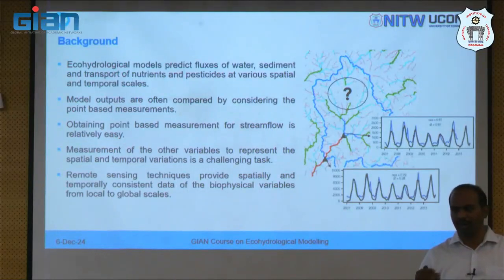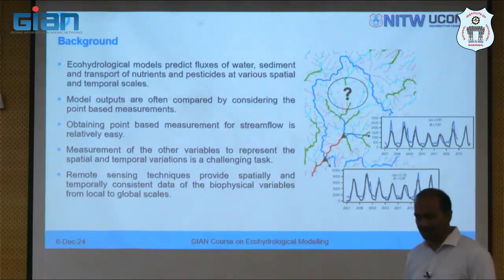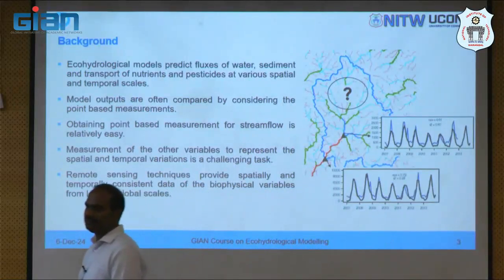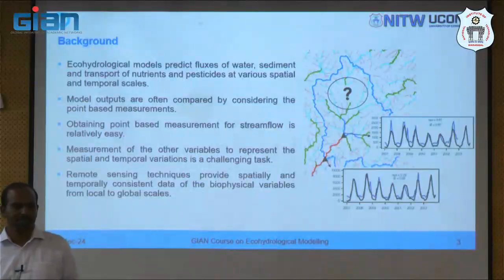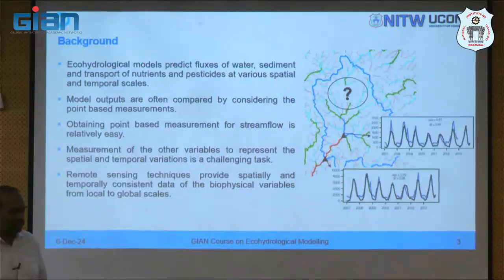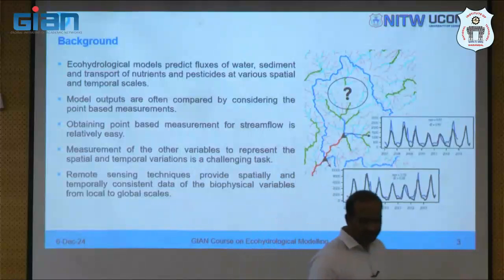When you compare a model with a point measurement, obviously which has a spatial representation, what is the hypothesis here? My question is, how valid is comparison from a hydrological perspective with a point based measurement?